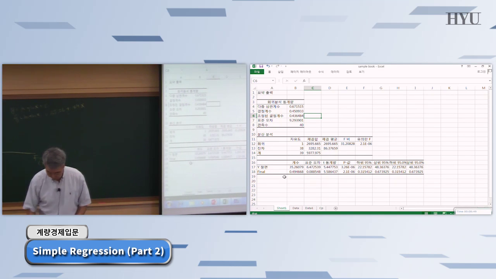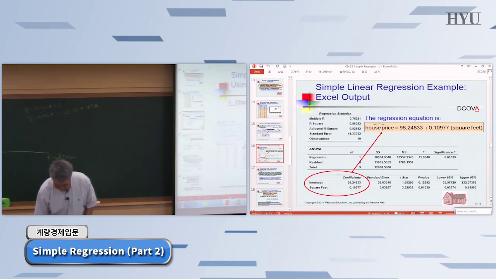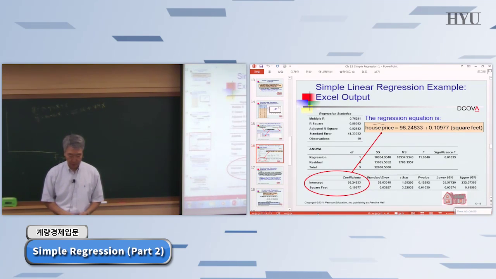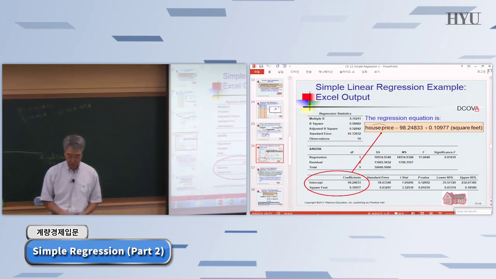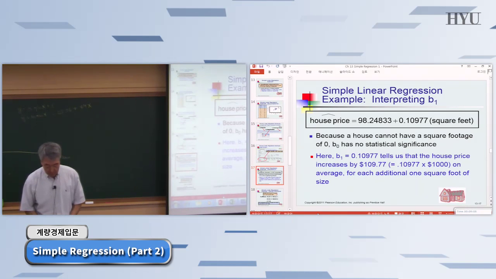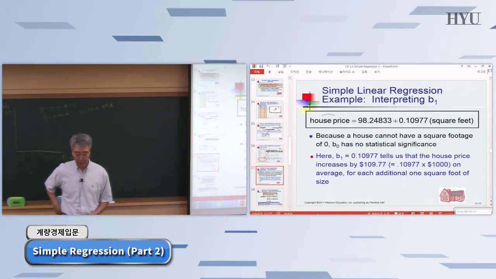That's how this output came about. Using the house price example, they came up with 98.248 plus 0.109x. So in this example, we have the estimated equation 98.248 plus 0.109 times square feet.